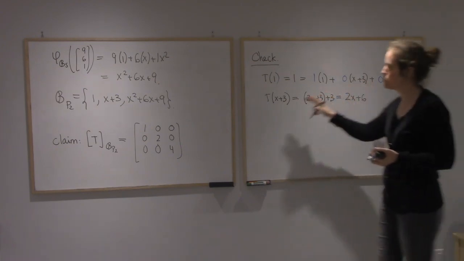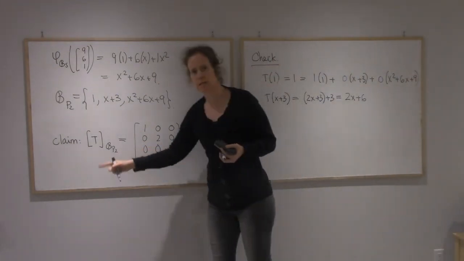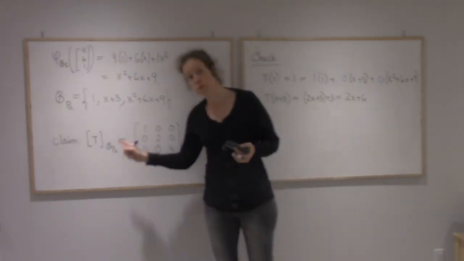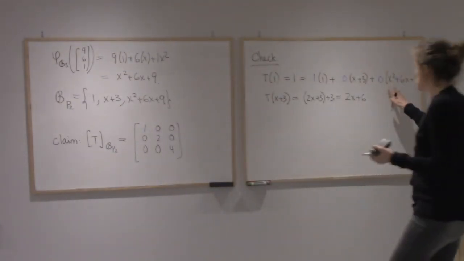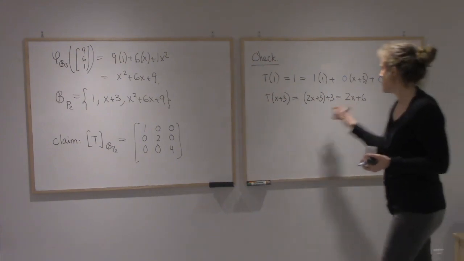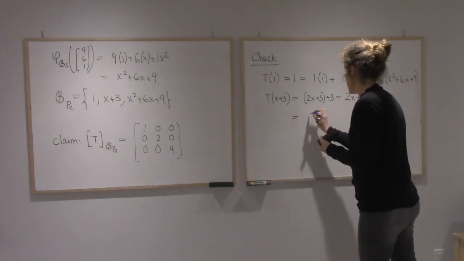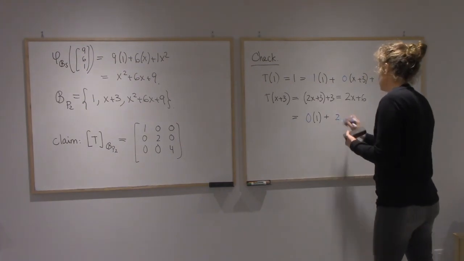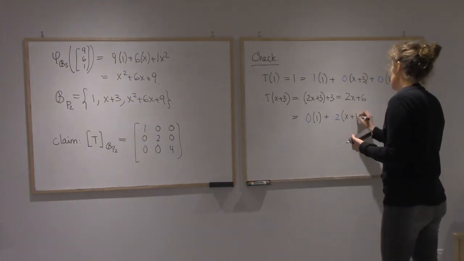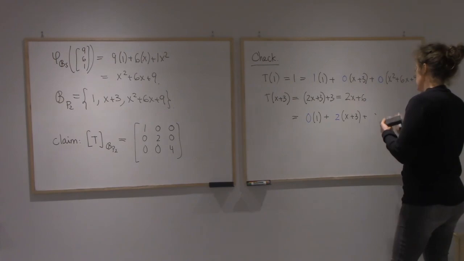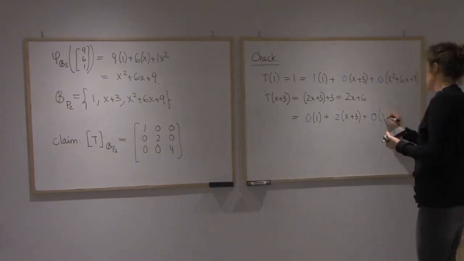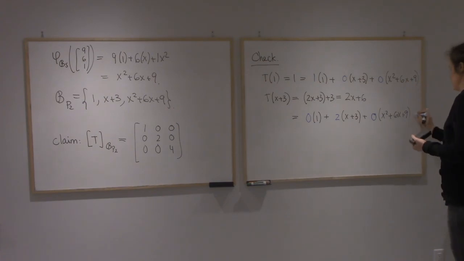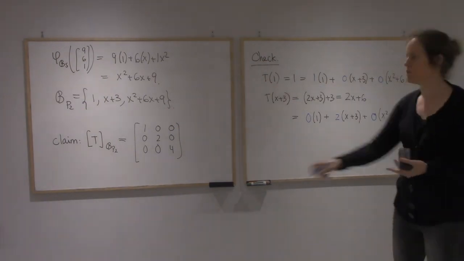Right, so to write the matrix in this basis, I take the elements of this basis, apply T, and rewrite them using this basis. So this is what I needed. Now this one, I can write as 0 times 1 plus 2 times x plus 3 plus 0 times x squared plus 6x plus 9. That would be the second column, 0, 2, 0.